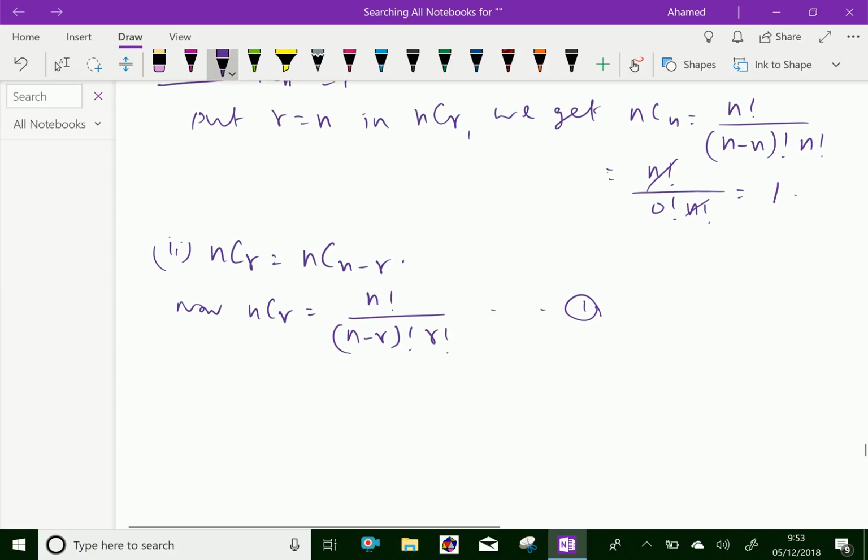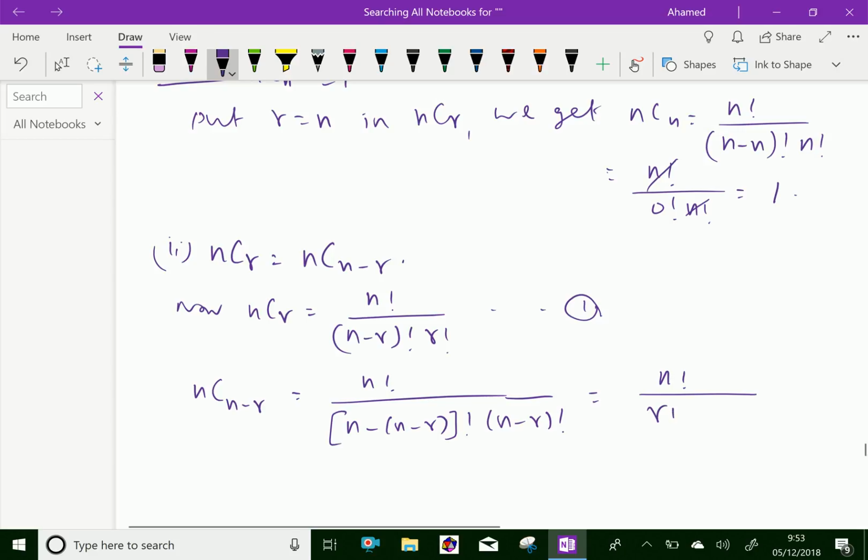Now like that, nC(n minus r) we can say is n factorial over n minus r factorial into n minus (n minus r) factorial, which gives further n factorial over, here n minus n plus r equals r, and n minus r factorial into r factorial. Let it be 2.